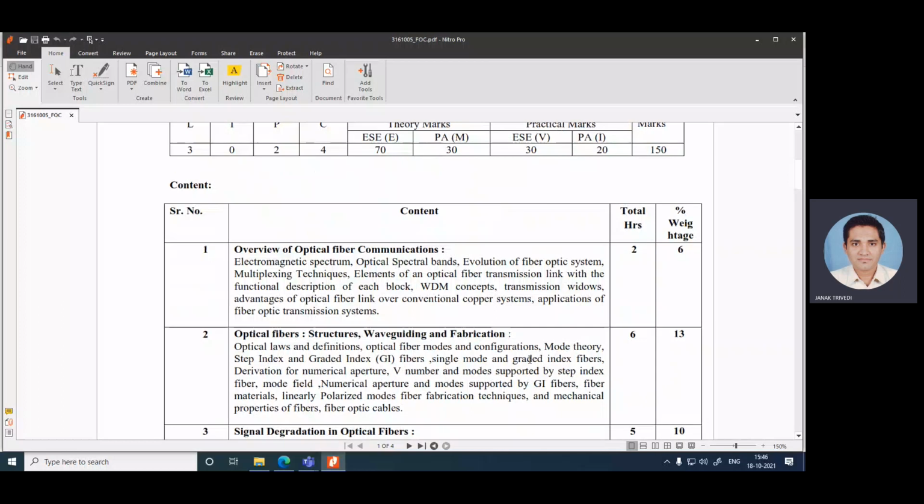The second chapter is optical fiber, which includes structure, waveguide, and fabrication.